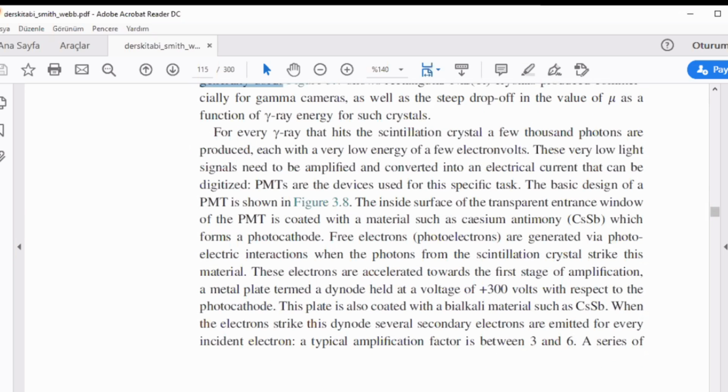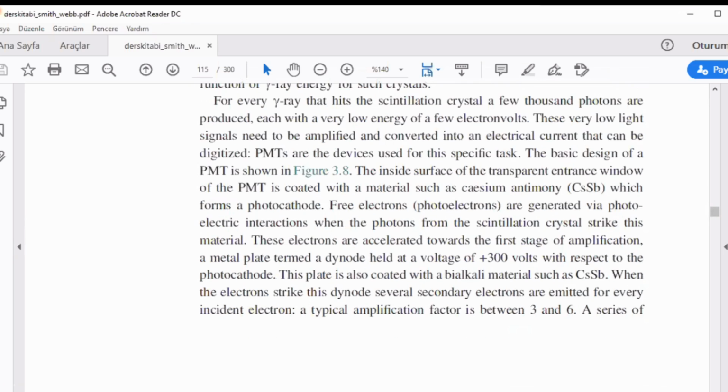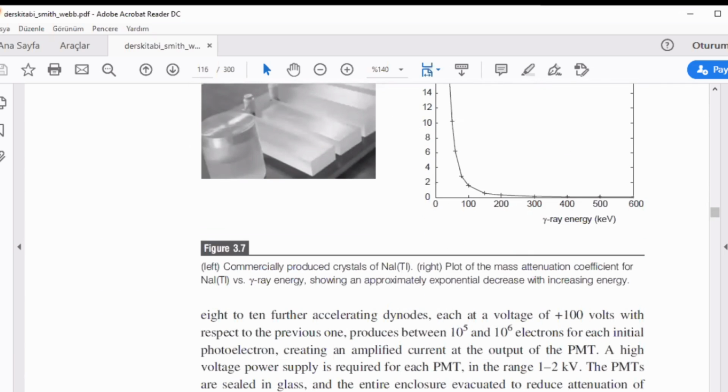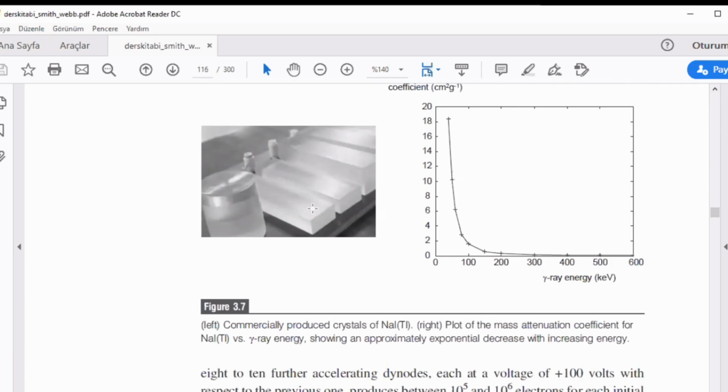Now comes the photomultiplier tubes. The basic design of a photomultiplier tube is given in figure 3.8. First of all, this is the structure of the sodium iodide crystal, cylindrical or rectangular.